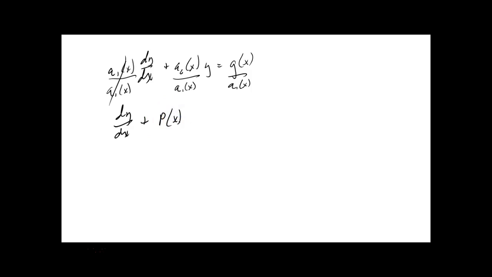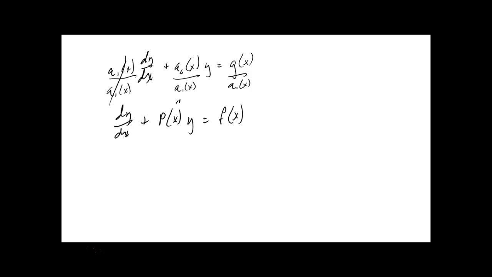Okay? Why p of x? Don't know, but they're going to use it forever. Okay? So that's what your p of x is, times y, and this is equal to some f of x. G of x is a function of x, a1 of x is a function of x, so the quotient is a function of x. Let's give it a new name, f of x.